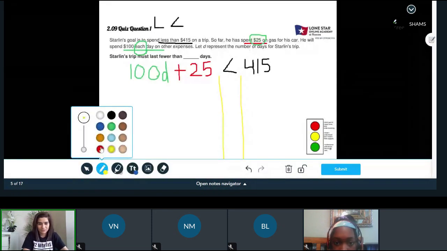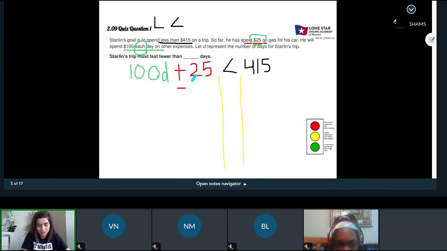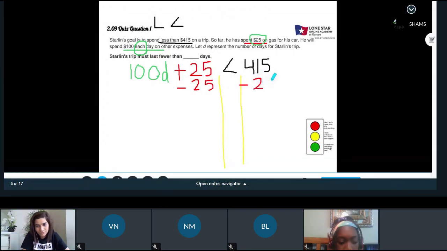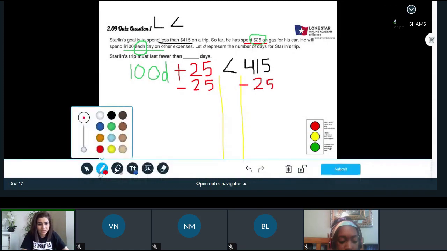Okay, first we want to get rid of the constant. It right now says plus 25. To undo plus 25, we have to subtract 25 from both sides. And how does that look after subtracting?